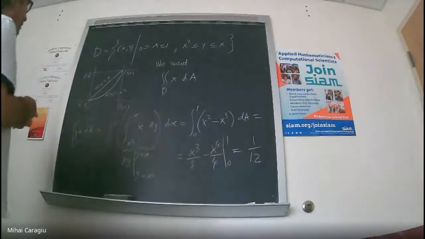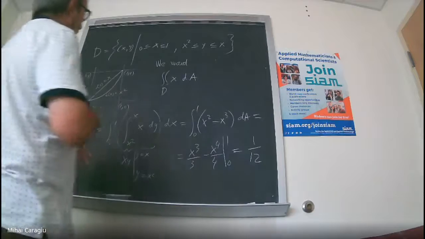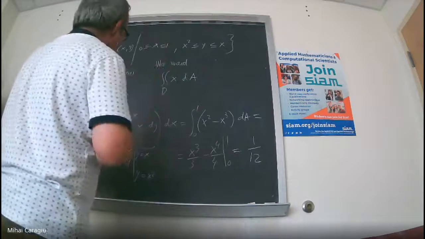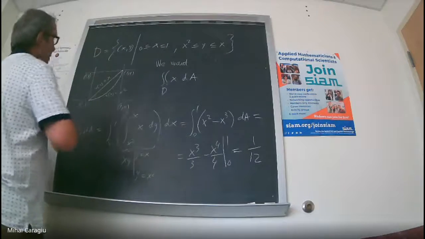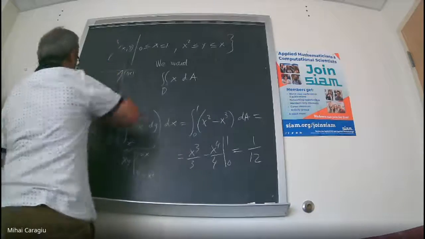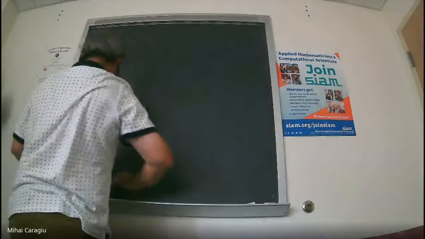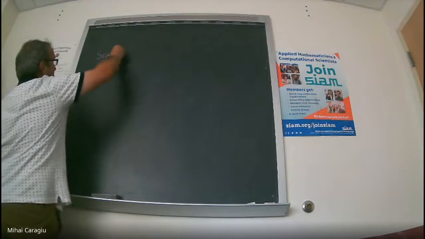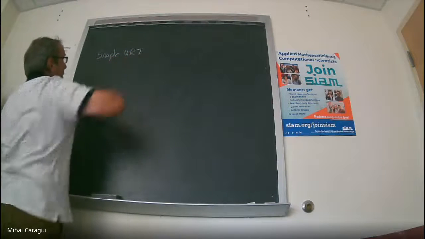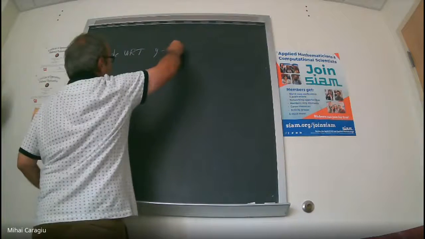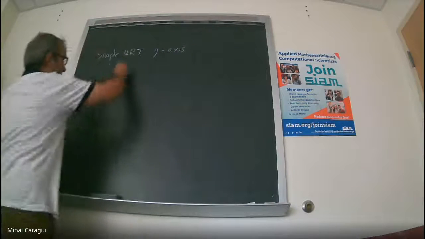So that's the idea. There are also domains of type 2, which are simple with respect to the y-axis. Let me just state what they look like. The domains simple with respect to the y-axis, of type 2.